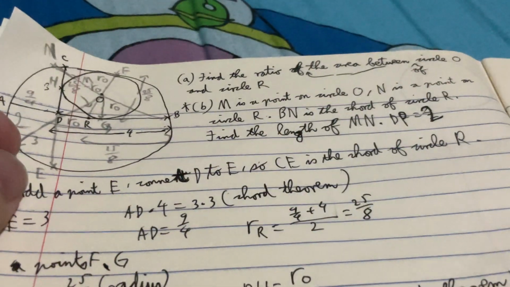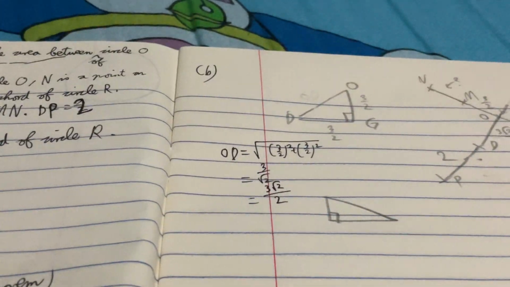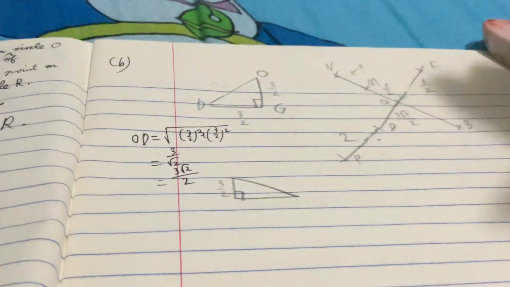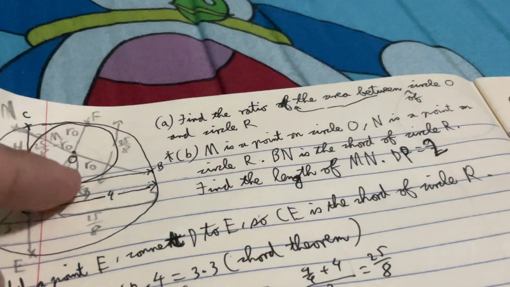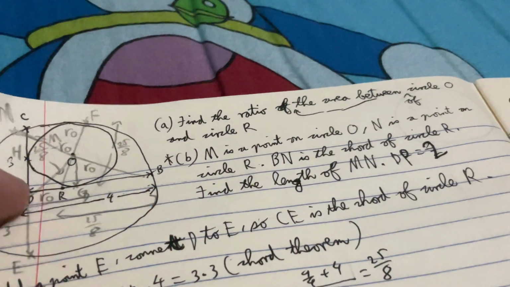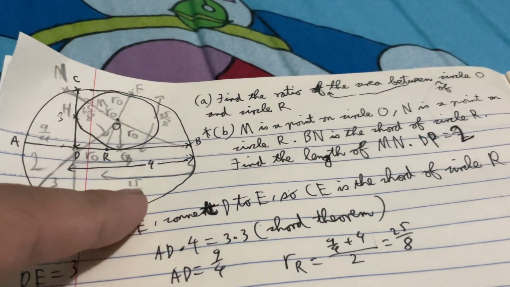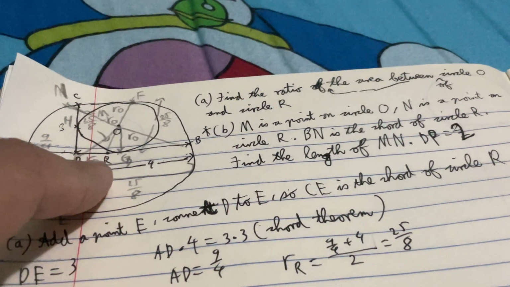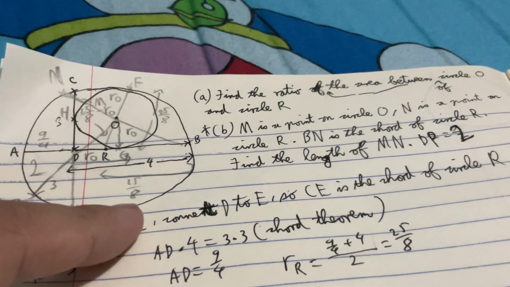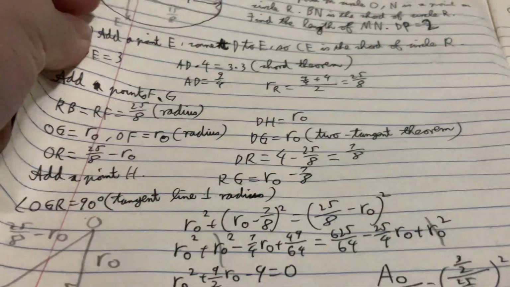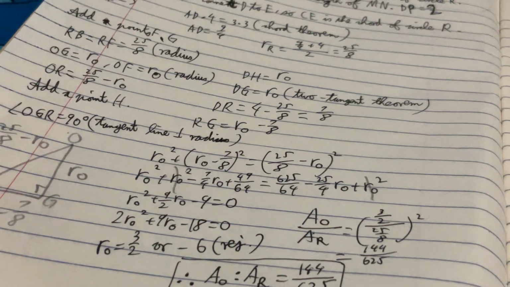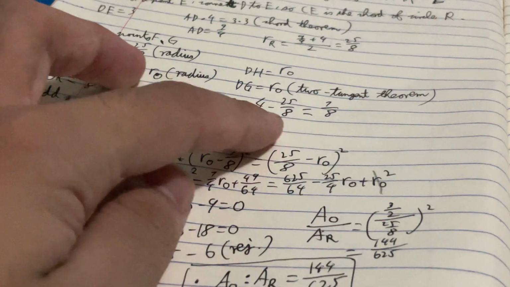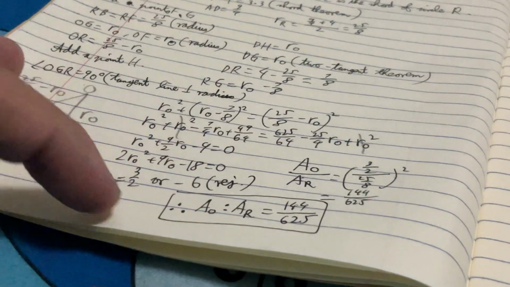This is also a right triangle, and then OG is equal to our radius, which is 3/2. Then how can we find BG here? We know that RB is equal to 25/A, and RG is equal to the radius of O minus 7/A, the radius being 3/2.